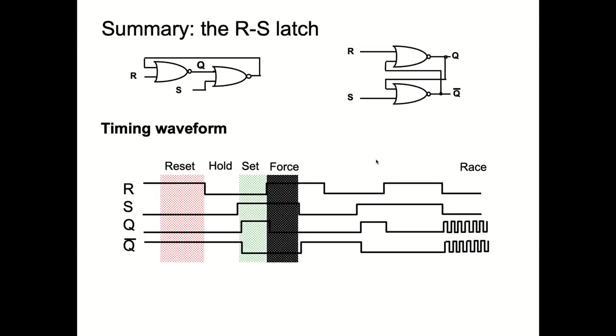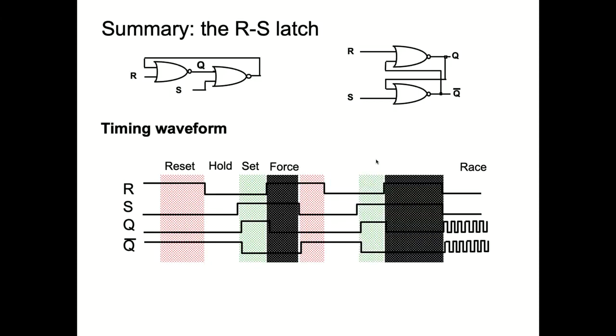And then let's say they're both high and S goes low, then it'll be as if R was the only one that was high. That will resolve itself. Of course, the problem that we want to avoid, the absolute worst thing that we could do, is have them both high and then make them both go low. If we do that, there's a possibility Q and Q bar could oscillate for a while. Okay, don't want to do that. I want to avoid that.